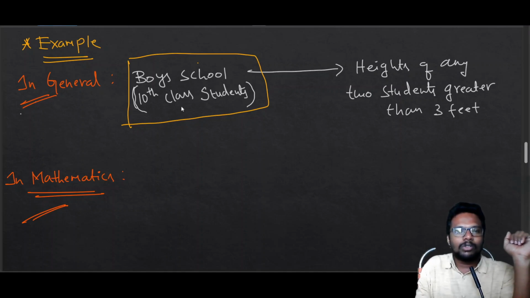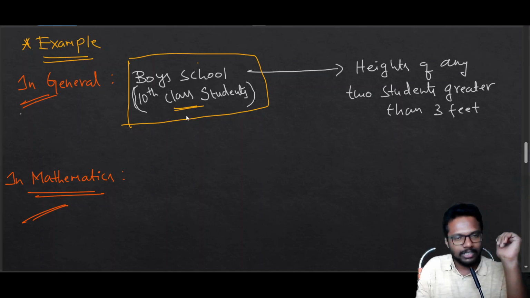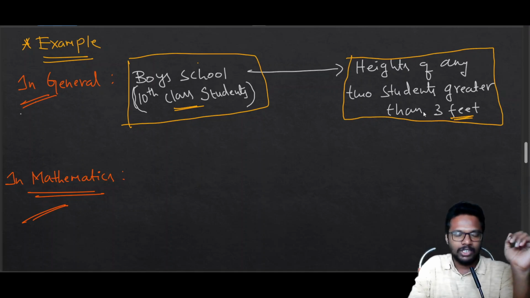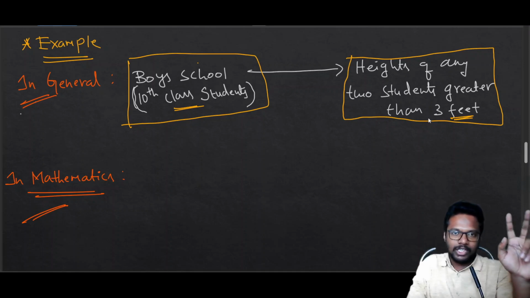In the boys school I have considered 10th class students, focusing only on 10th class students. The relation is that the heights of any two students are greater than 3 feet. So we have to consider two students, and their heights must be greater than 3 feet.